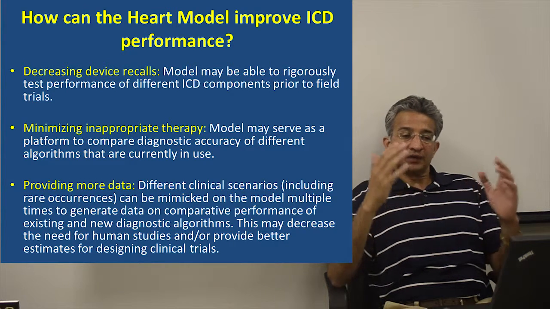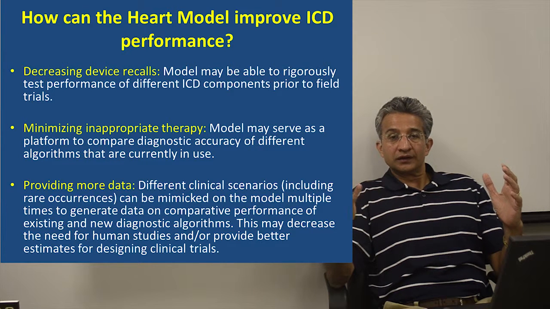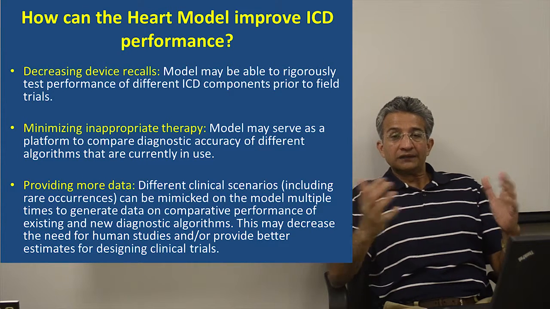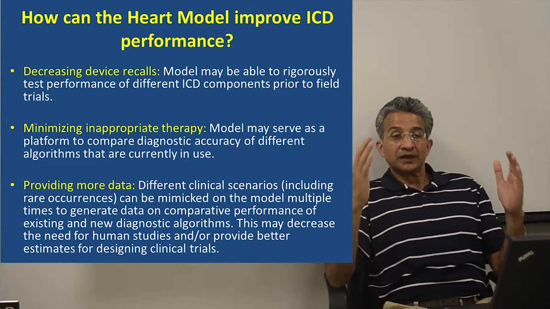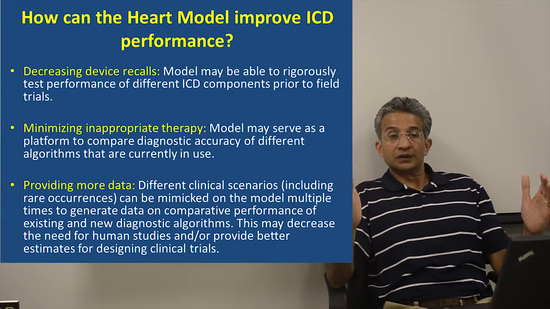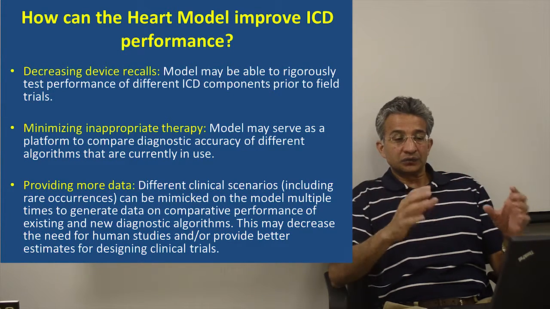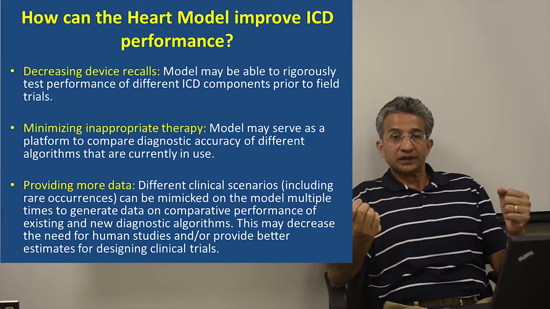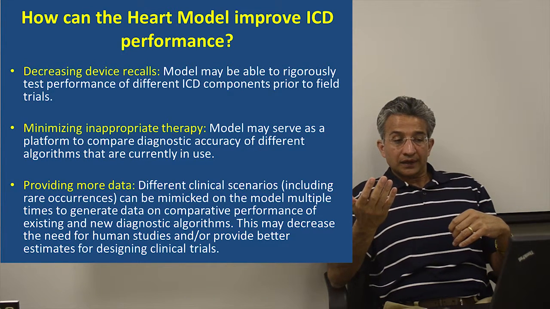So for example, let's say there are 12 beats that are required for a tachycardia to be detected and then treated. If you were to find through the analysis of this platform that 20 beats perhaps is a better cutoff because it allows much more specificity, then those are the kinds of things which the model will be able to provide to us, which we can then incorporate into the existing algorithms.